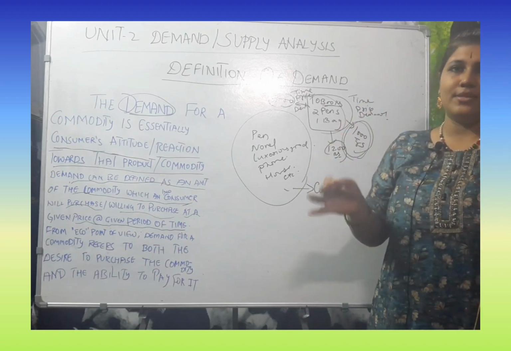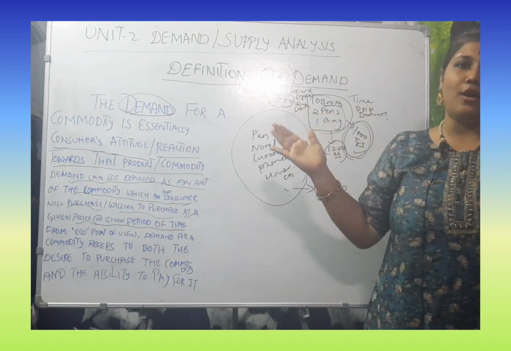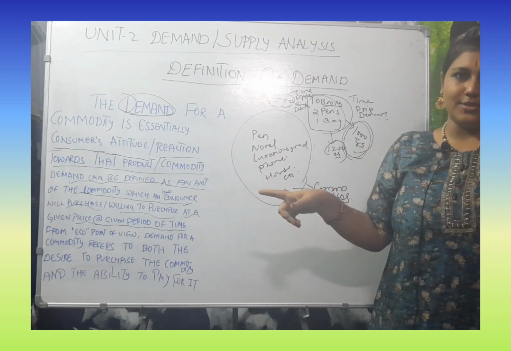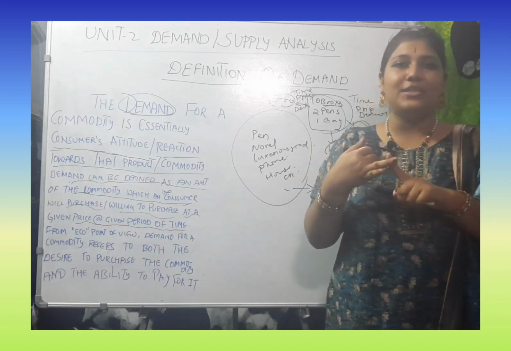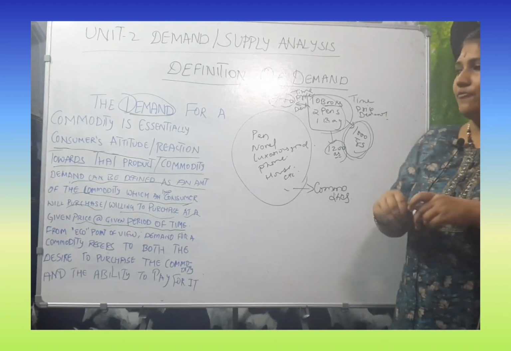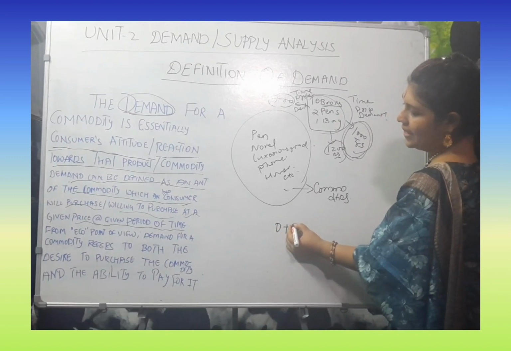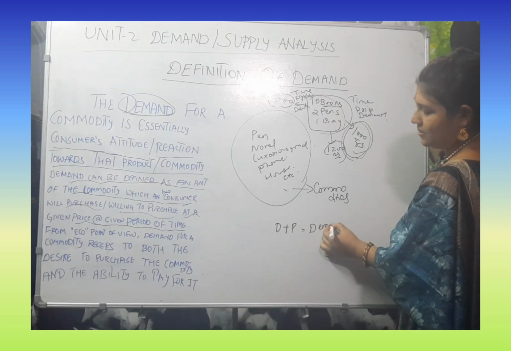But if I say, at this stage where I am not earning, I am just a student, I just want a big villa house on an island, is that possible? So this thought is not considered. So that is how desire plus ability to pay for it. When you have this formula, desire plus price, that is called demand.